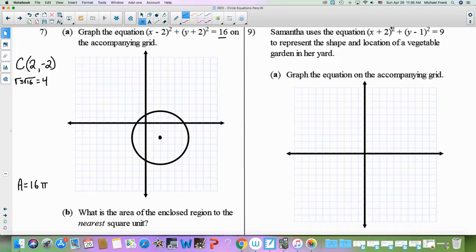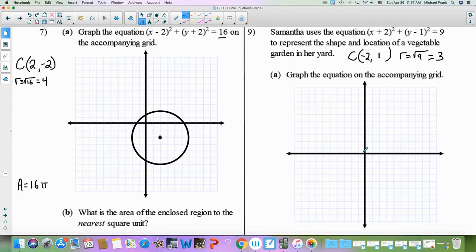(x + 2) squared plus (y - 1) squared equals 9. I'm going to find the center of the circle by doing the opposite of what's inside my x. For my x, positive 2, so my x value is going to be negative 2. I see a y minus 1, so my y value is going to be a positive 1. My radius will be equal to the square root of whatever it's equal to, square root of 9, which is 3.